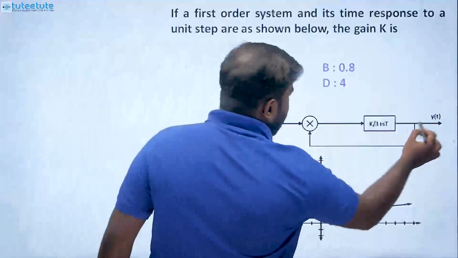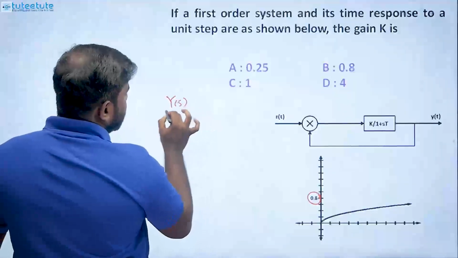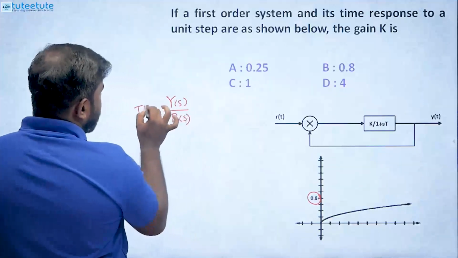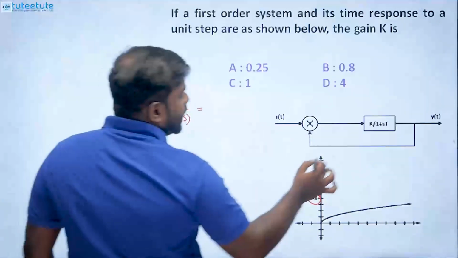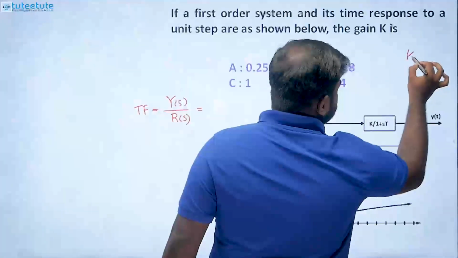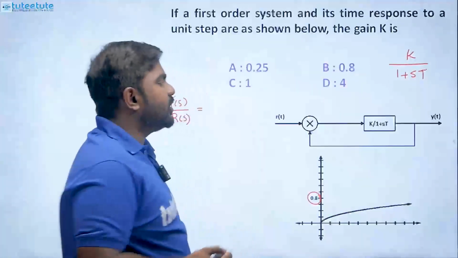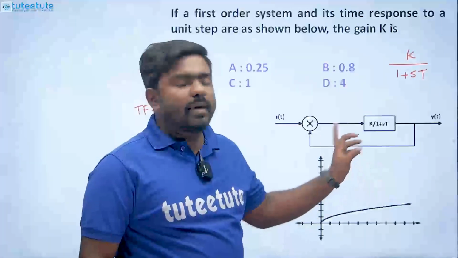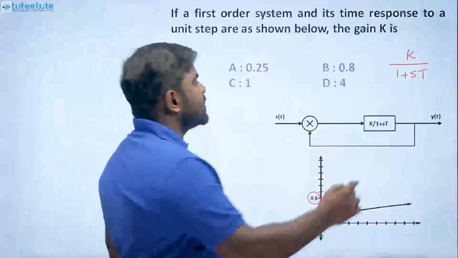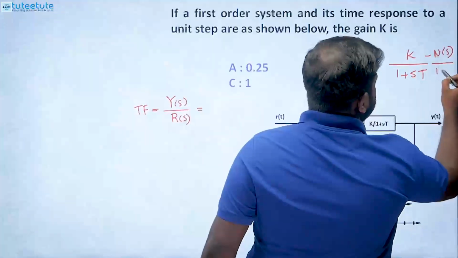So here you can have your transfer function, that is y of s divided by r of s, as your corresponding transfer function. If you solve, the open loop transfer function is nothing but k divided by 1 plus s tau. I told you, if you are having a unit feedback system, the shortcut to find the closed loop transfer function is to assume this as the numerator of s and this as the denominator of s.